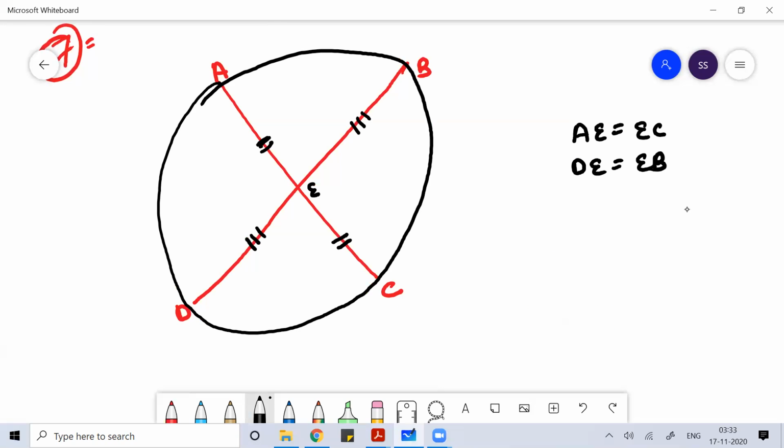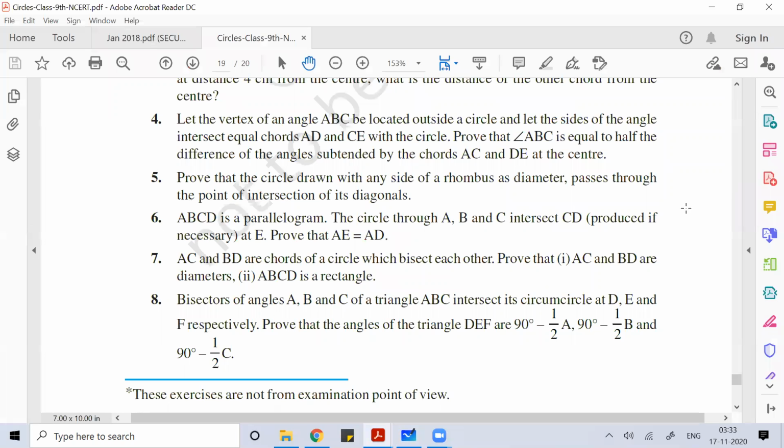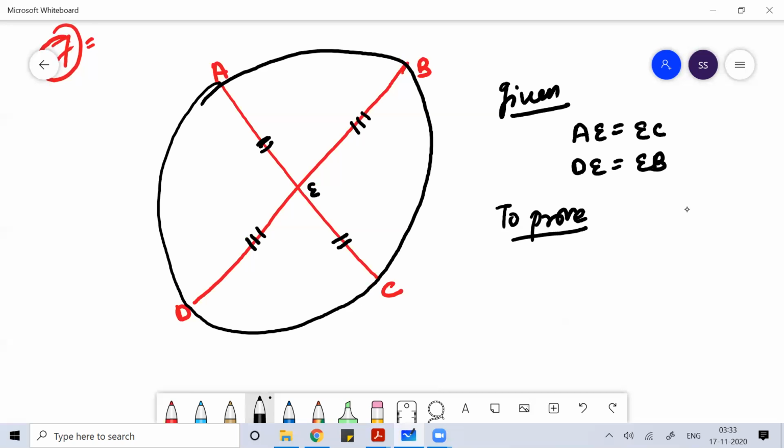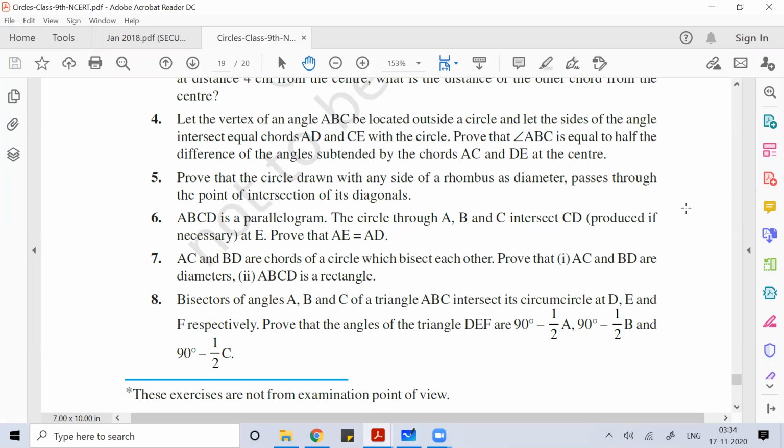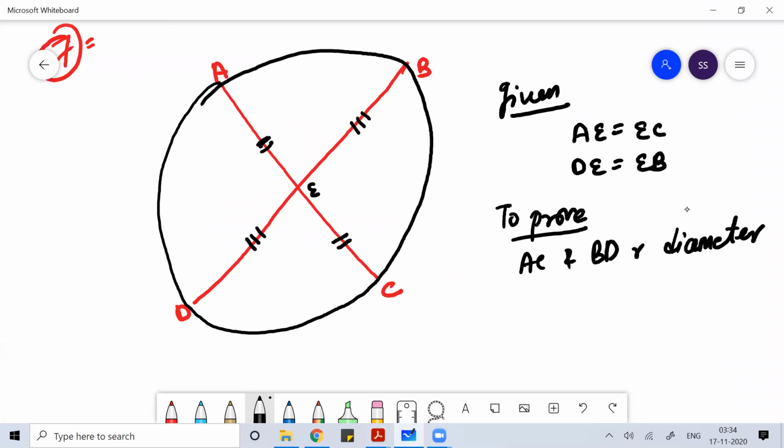You have to prove that AC and BD are diameters. So prove that ABCD is a rectangle. So what you can do?